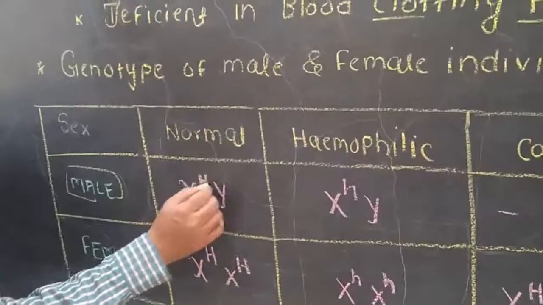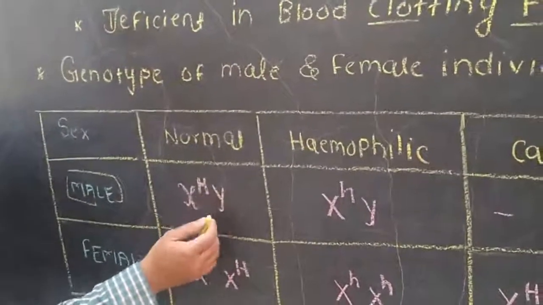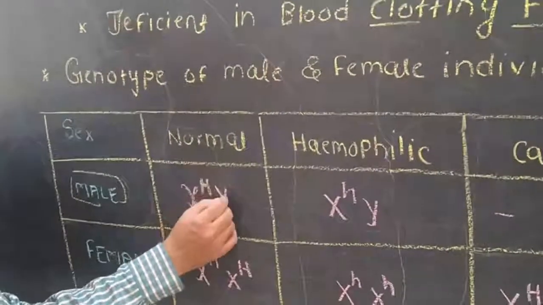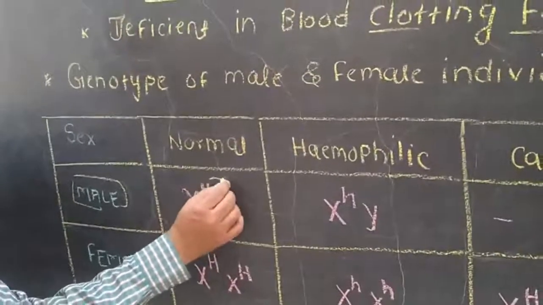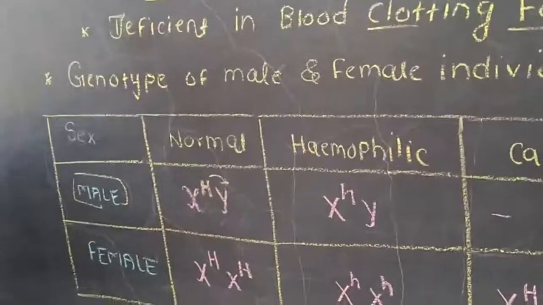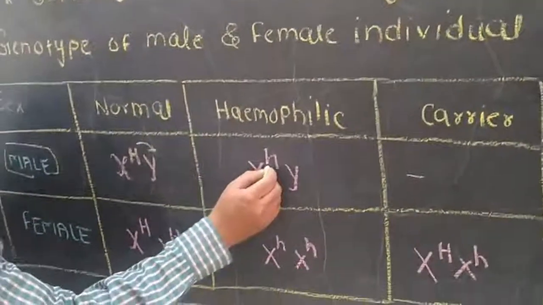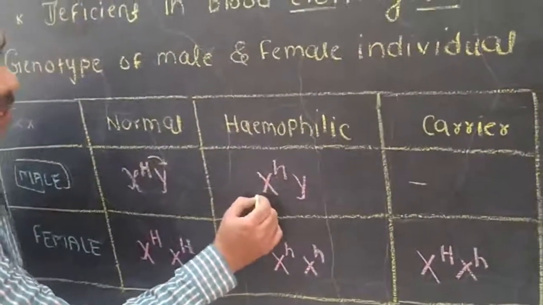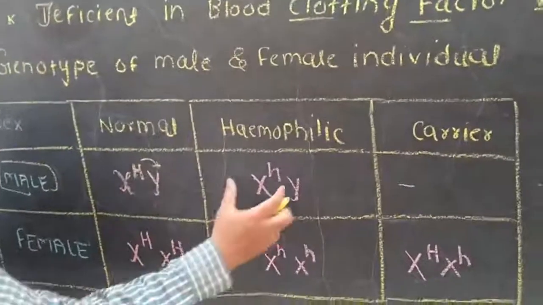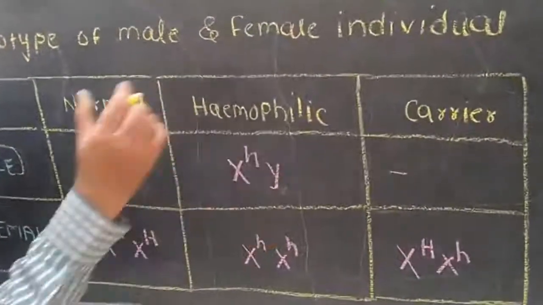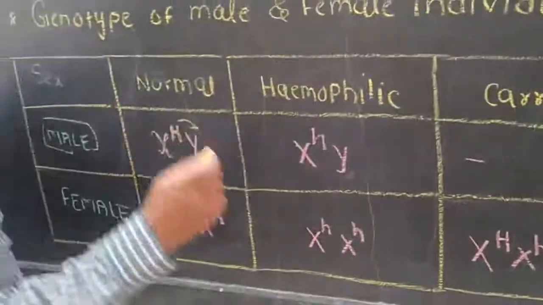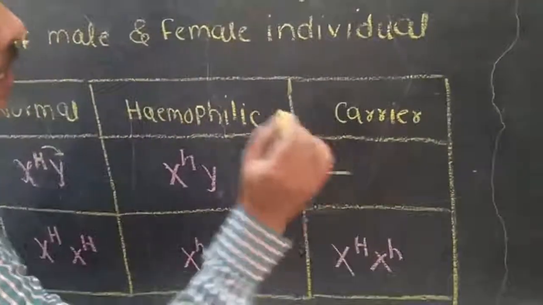On the Y chromosome the alternate allele is absent. In the hemophilic condition, the recessive gene is present on the X chromosome, so that male will be hemophilic. In the male, the carrier condition is absent.